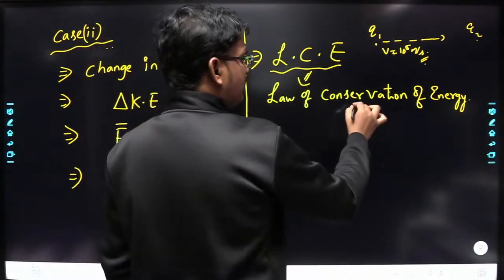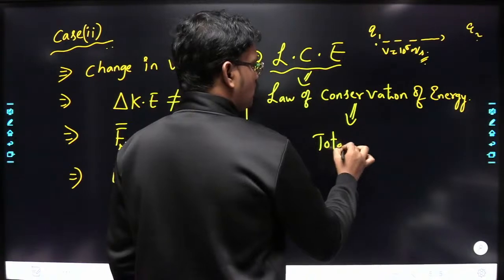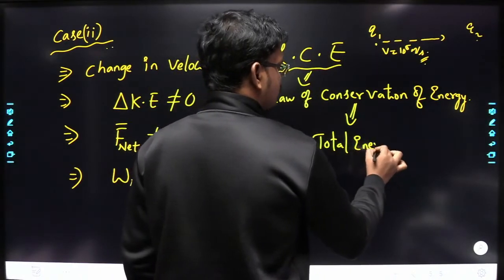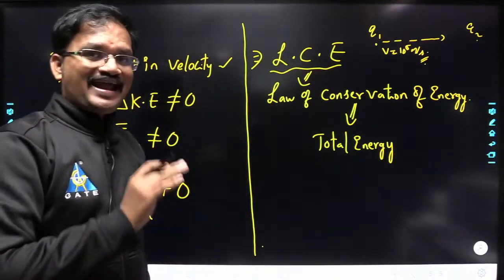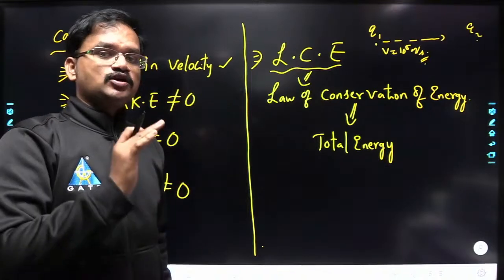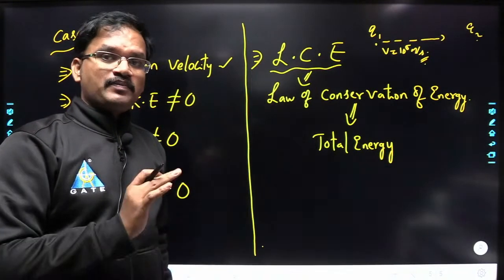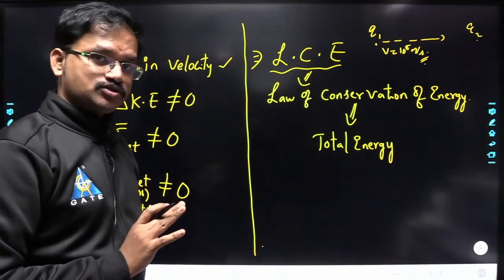So what do you mean by the law of conservation of energy here? The total energy in the system must be constant at any instant of time. That means it should not change. Understood? Okay.